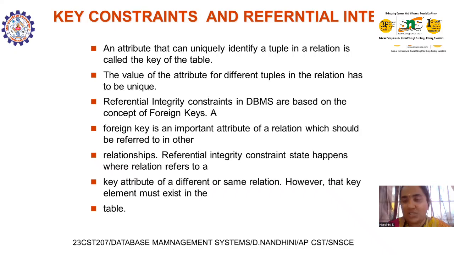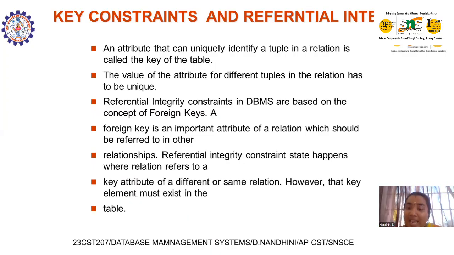Next are the key constraint and referential integrity. What is referential integrity? It ensures that a foreign key value in one table either matches a primary key in another table or is null. Its purpose is to maintain valid links between tables. What is the link between two tables?